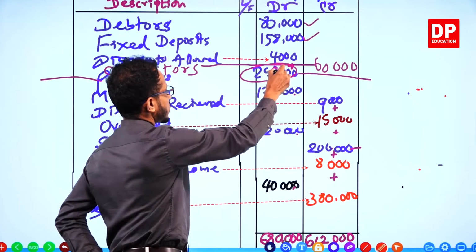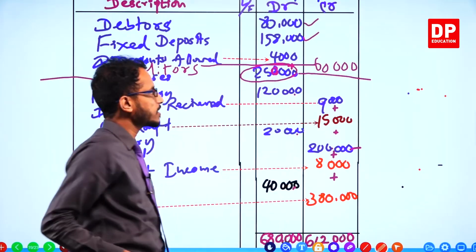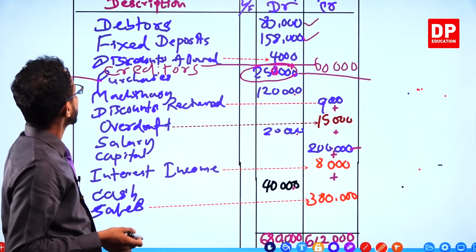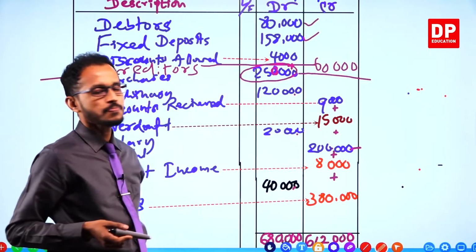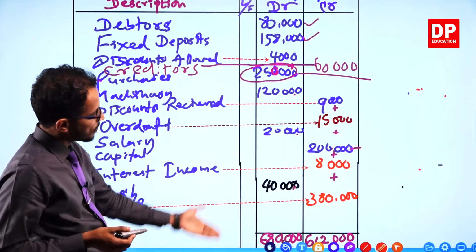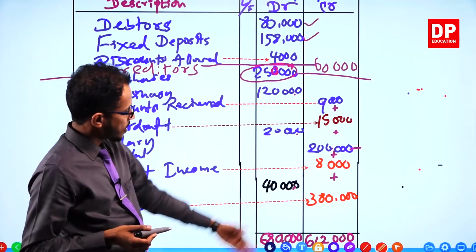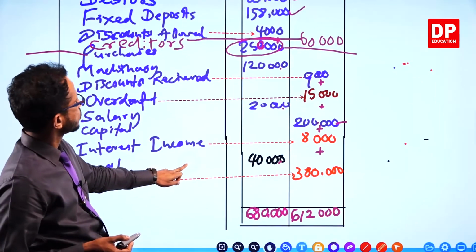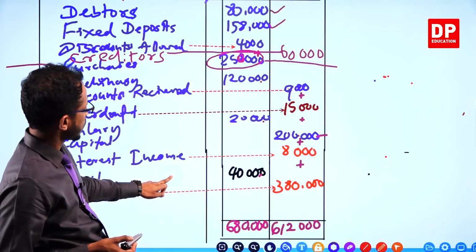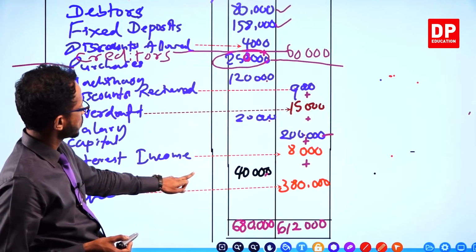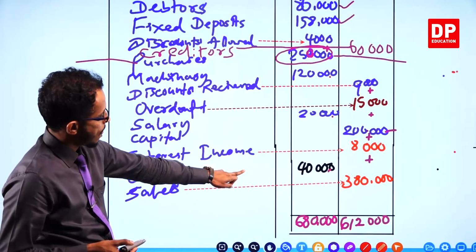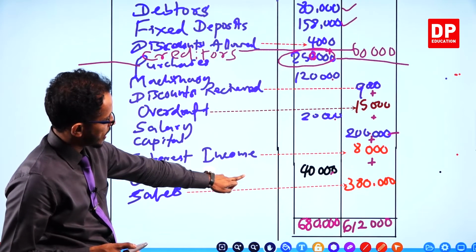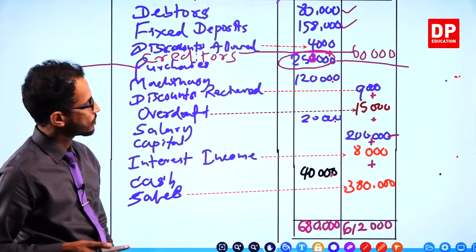This should be 250, and in the credit side, we should enter the creditors 60. Now if you add up the debit side and the credit side, the debit and credit totals are going to be equal, right? Let's see.